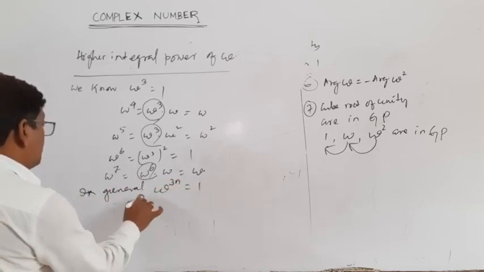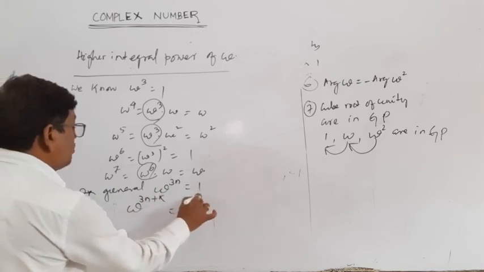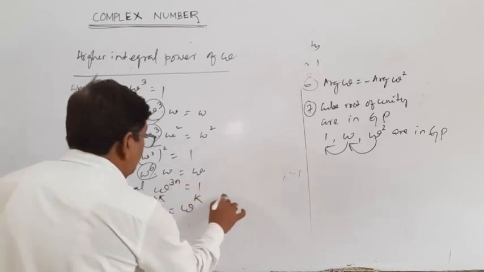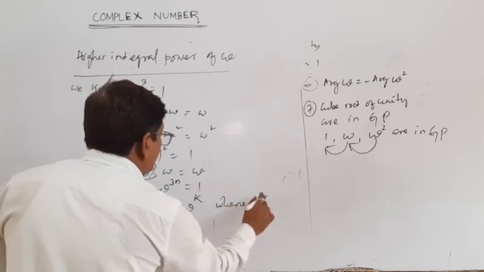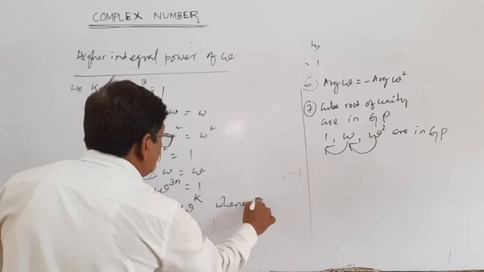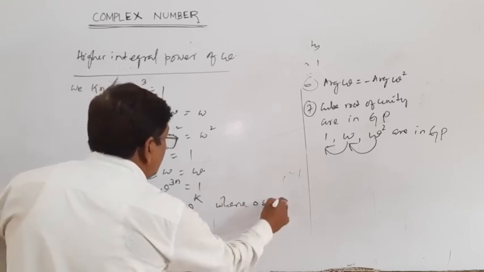Omega to the power 3n plus k is equal to omega to the power k, where k belongs to 0 less than or equal to k less than 3.